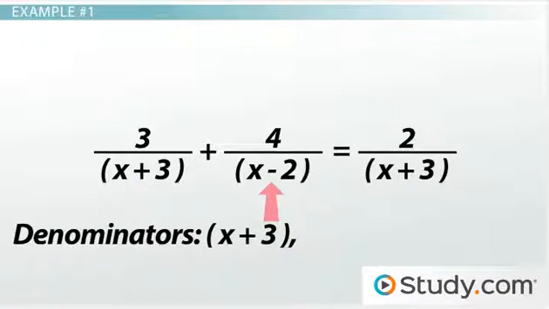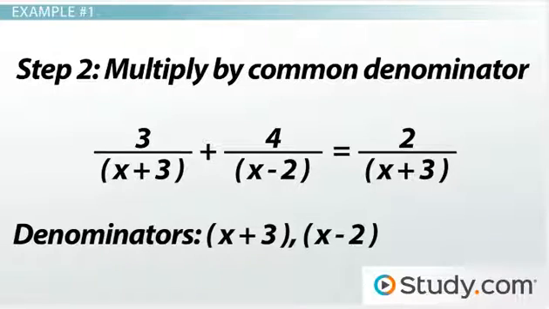I look at 4 over x minus 2. I write down x minus 2 as another part of my common denominator. I look at 2 over x plus 3. Since I already have x plus 3 written in my denominator, I don't need to duplicate it. Next, we multiply everything by our common denominator, x plus 3 times x minus 2.